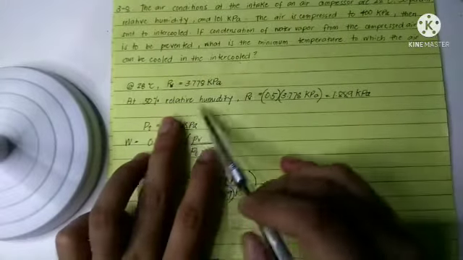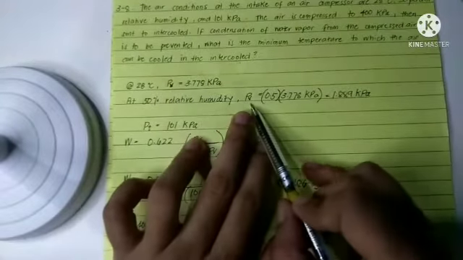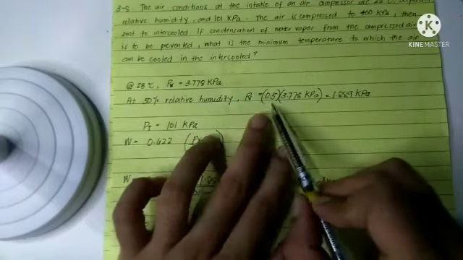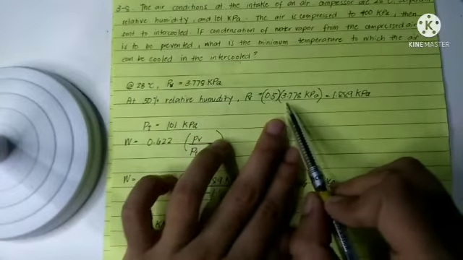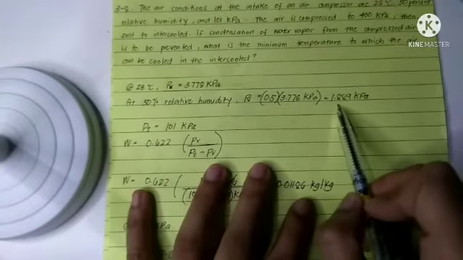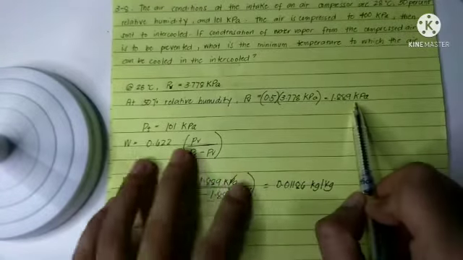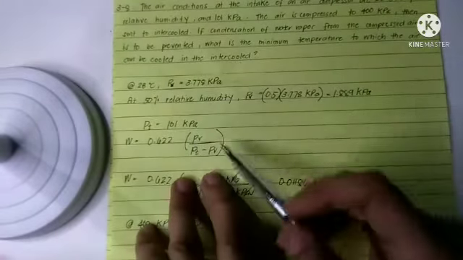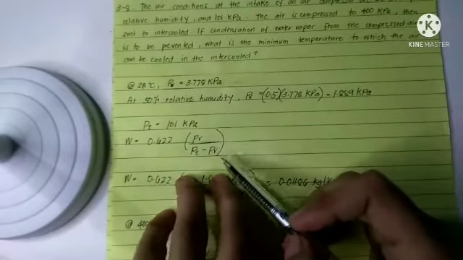So at 50% relative humidity, our saturation pressure is 0.5 times 3.778 kPa, which equals 1.889 kPa. Our PT is equal to 101 kPa.